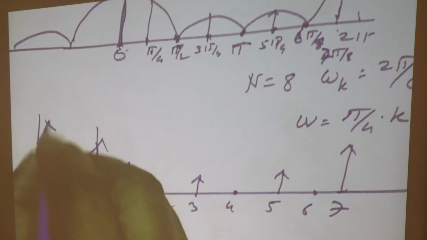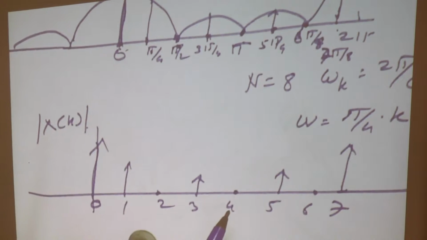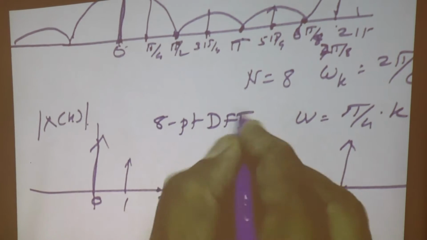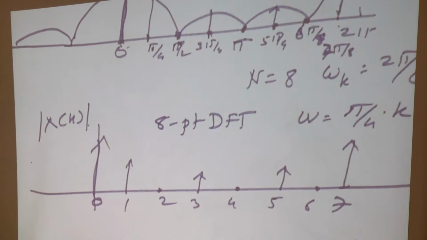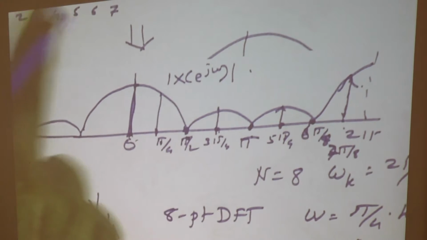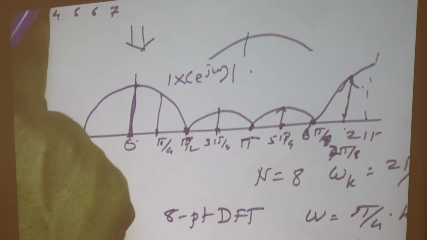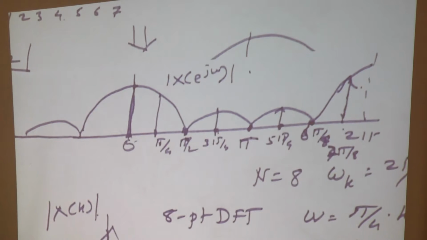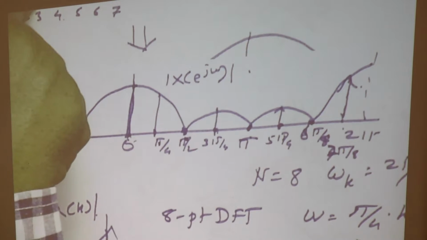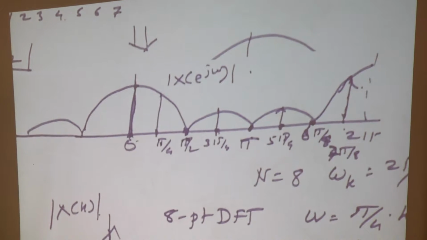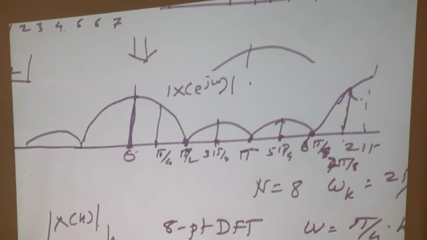This is mod of X[k], which is nothing but an 8-point DFT of the sequence x[n], which contained 4 ones and 4 zeros. This could be periodic. When it becomes periodic, this also becomes periodic. Alright. Discreteness here makes this periodic. But when I am sampling it, that means I am making it discrete here, this becomes periodic. Periodic in one domain makes the spectrum discrete. Discreteness in this domain makes it periodic here. Alright.